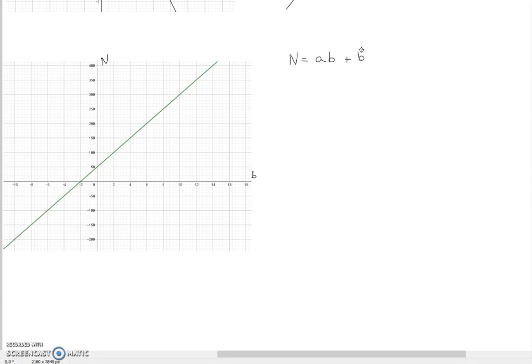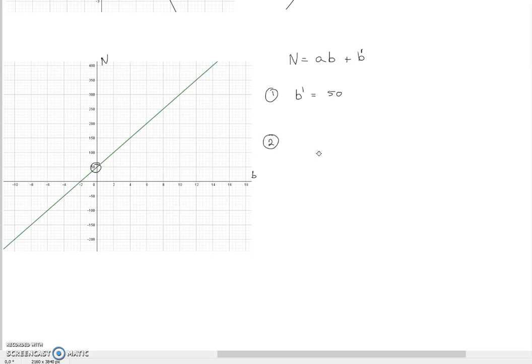So I'm sticking to b prime, and the only reason why we give this a name is so we can use that name in step 1, where b prime in this case is still the intersection with the y-axis. That is in this case 50.